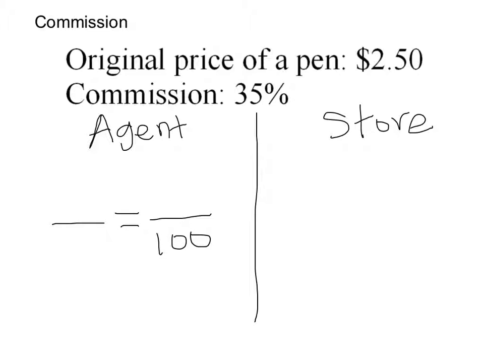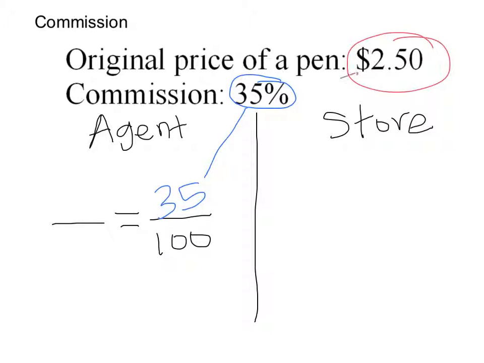Then I'm going to take this value, the commission, and just transfer it. It becomes my percent on top. Now I'm going to take the original, and that's going to become the bottom left. And what I want to know is what's left over, what's going to go in this spot right here.